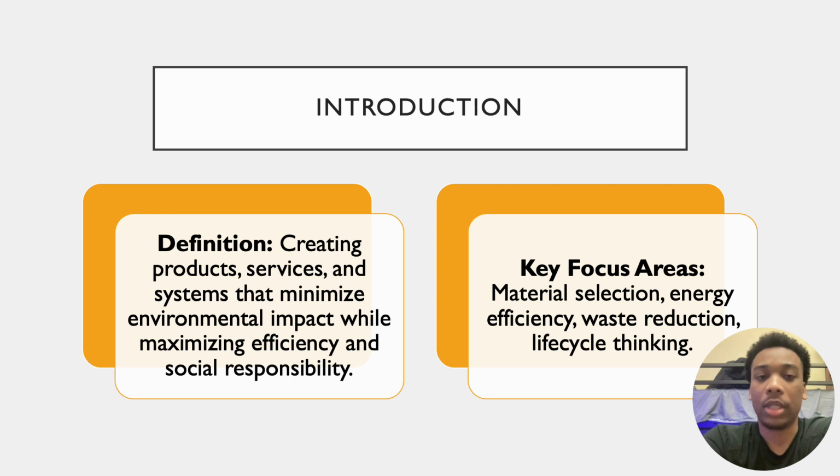Obviously, there might be some concessions. It might not be 100% as good as the non-sustainable one, but if it works half as well, people just aren't going to buy it. So you don't want to reduce the efficiency of the product and compromise it just to reach the sustainability goal. And there are a lot of areas to designing for sustainability.